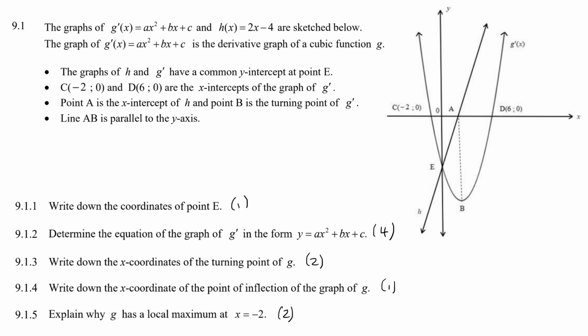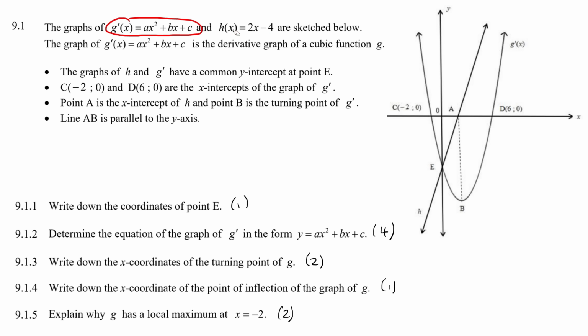The graphs of g with the first derivative. Okay, so that's going to be quite interesting. So that's the first derivative of some other graph called g, and h are sketched below. The graph of g is the derivative graph of a cubic function.